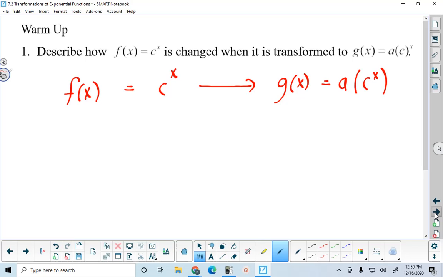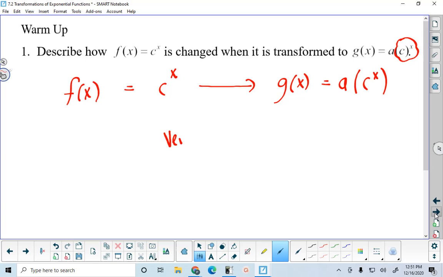And I'm going to choose to write the c to the x in brackets just to reinforce to you that the way it's written up here, which is c and then the brackets and then the x, is the same thing. I'm not even going to write this out in words. Well, I'll abbreviate it.